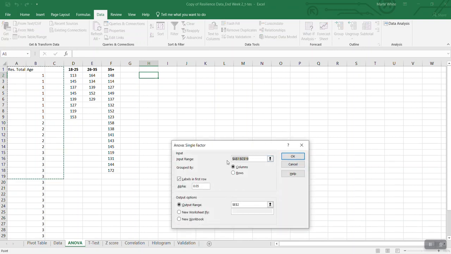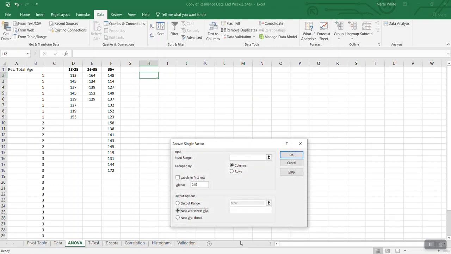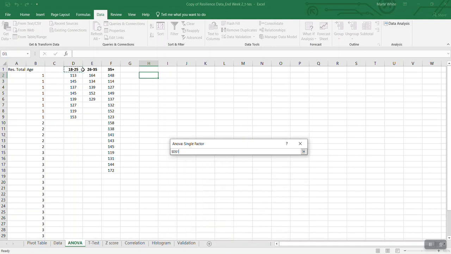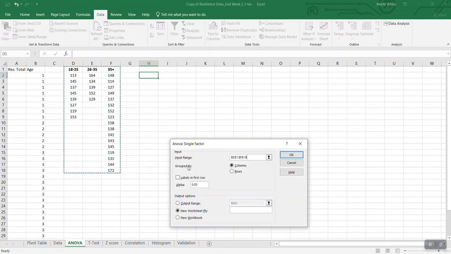I've already done this once, practicing to make sure I got it right for you guys. So yours is going to come out like this, and it's probably going to show up in a new worksheet or something. But click in the first row. It's going to ask you for the input range, and the input is all three groups. And they are grouped by columns. If we had them going in a different direction, we'd say rows, but make sure columns is marked.